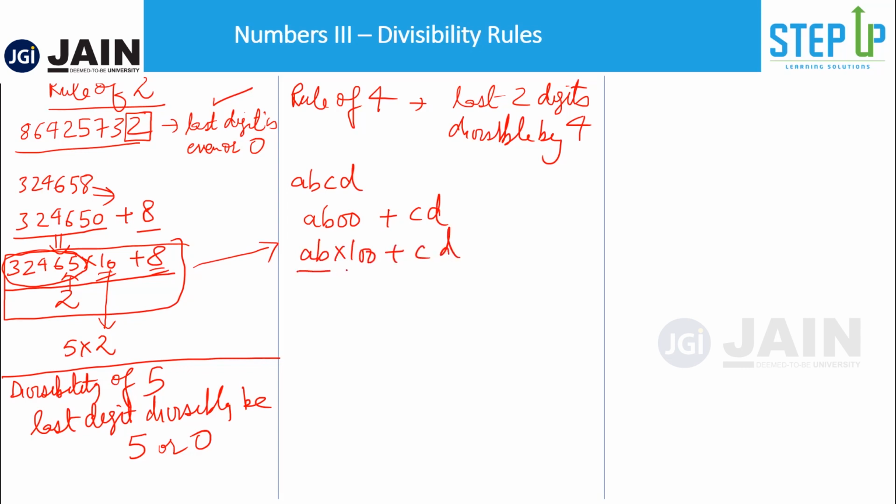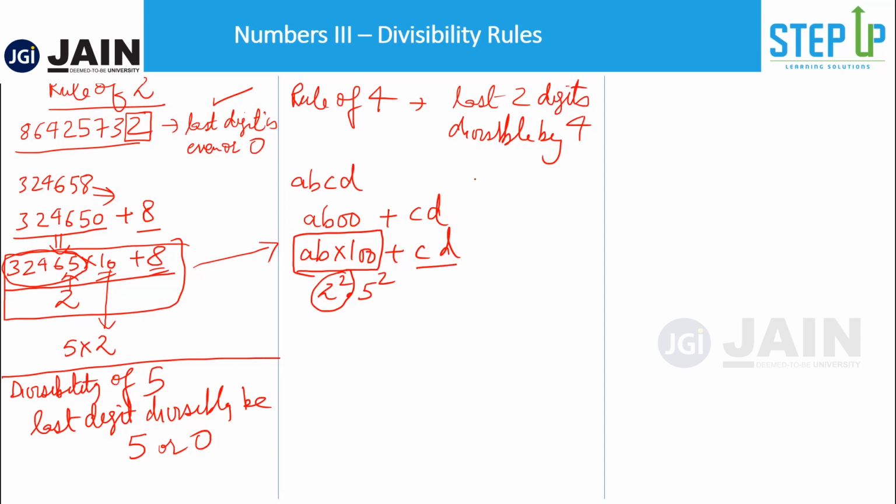Now obviously, 100 is made up of 2 square and 5 square. That means 4 would always be able to divide AB into 100 completely. You only have to check CD, and that's why we say the rule of 4 is that the last 2 digits should be divisible by 4.